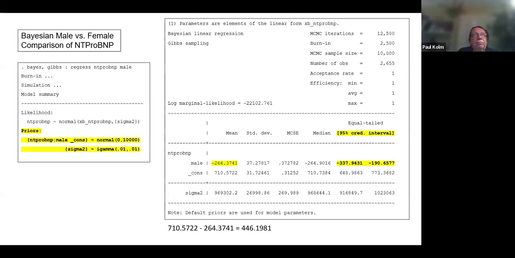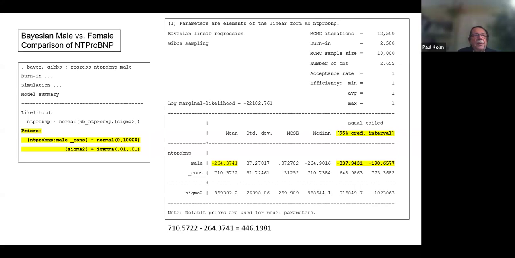BNP is a beta type peptide. I don't remember exactly what all that stands for, but anyway, it's a biomarker for heart disease. And so remember that from the Bayesian perspective, we have to assume a prior distribution.